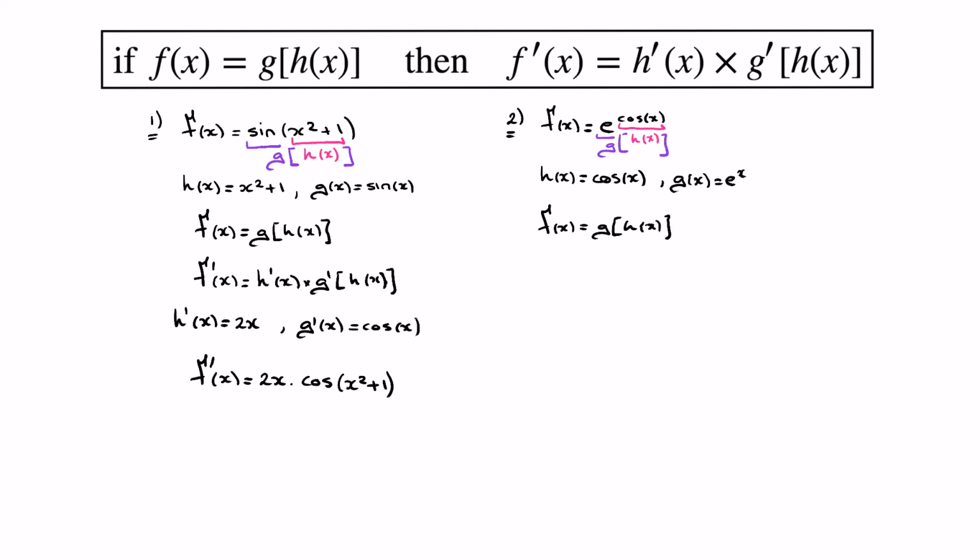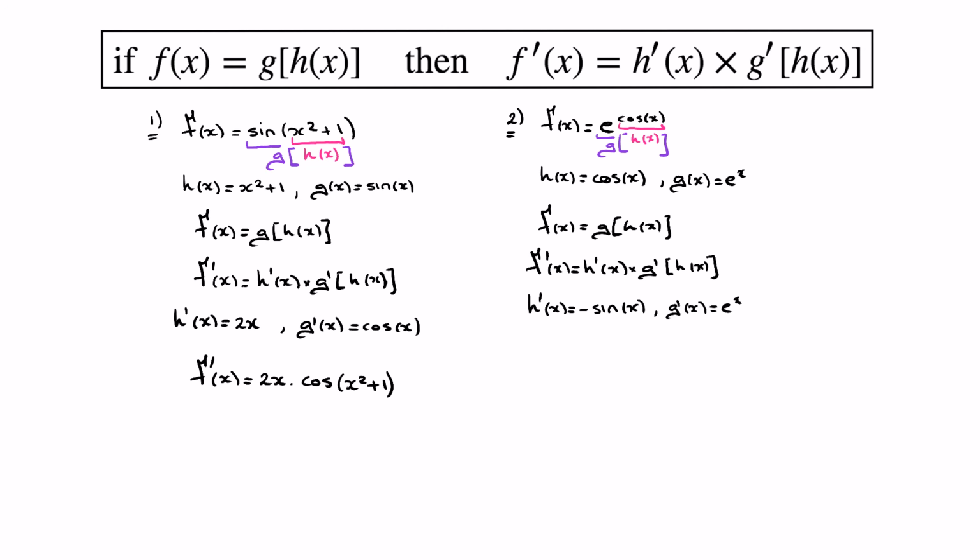And we can now state that this function's derivative must equal f dash of x equals h dash of x times g dash of h of x. And looking at our functions h of x and g of x, we can differentiate these. We know that h dash of x equals negative sine of x, and g dash of x equals e to the x.